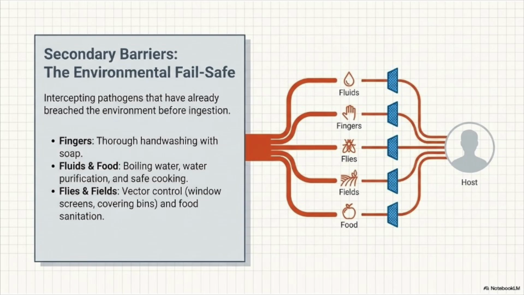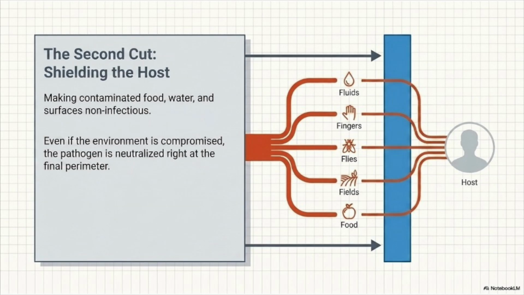For flies and fields, the defense is vector control, such as window screens and covering bins, along with proper food sanitation. This represents the second cut, which is shielding the host. It works by making contaminated food, water, and surfaces non infectious. Even if the environment is compromised, the pathogen gets neutralized right at this final perimeter.